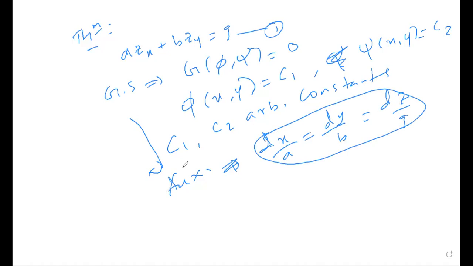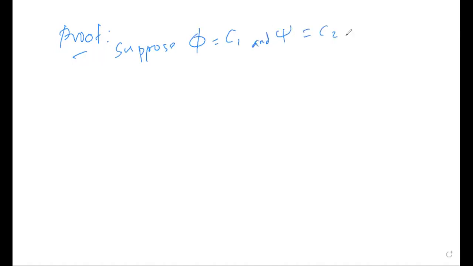Okay, I'll try to prove it. So write with me. The proof begins like this. Suppose φ = c1 and χ = c2 are solutions of our auxiliary equation dx over a is equal to dy over b is equal to dz over g.